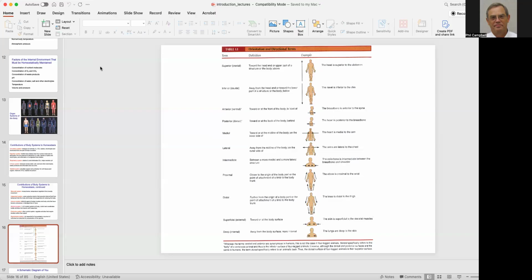The last thing we'll want to talk about is how deep you are in the body. Superficial means that you're on the skin or just below the skin. So I have a superficial laceration, a scrape, a scratch, and that's on the surface. I have a deep stab wound.